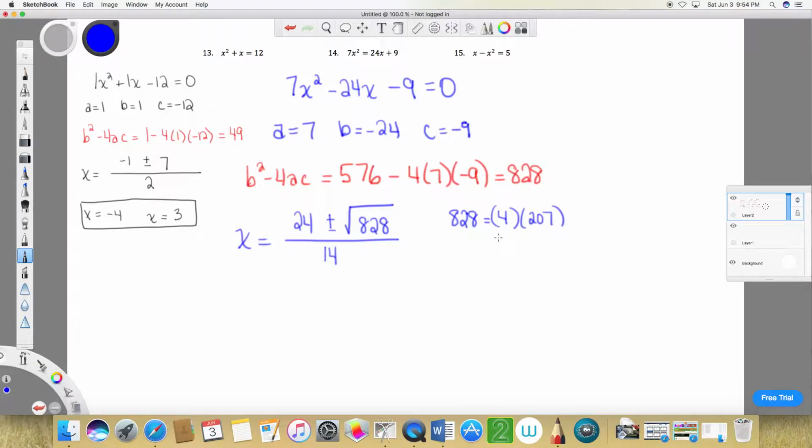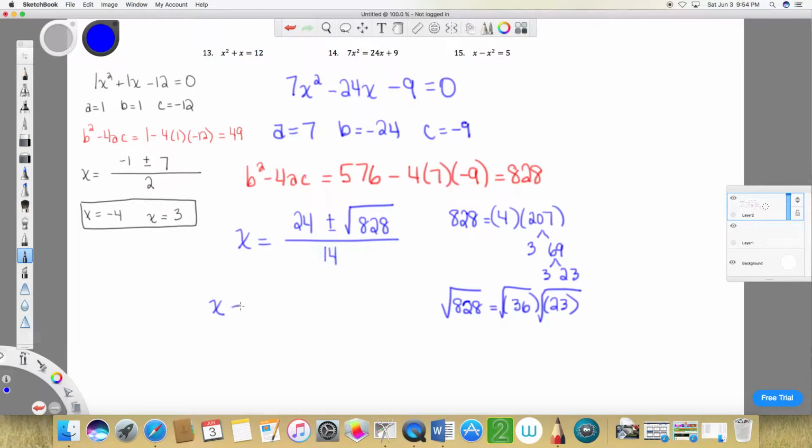Yes. So this would be 3 times 69, and this would be 3 times 23. So 4 times 9, this 828 was divisible by 36, and I didn't notice that. All right, so this 828 is 36 times 23. And I know when I take the square root of 828 that I can take the square root of these numbers individually.